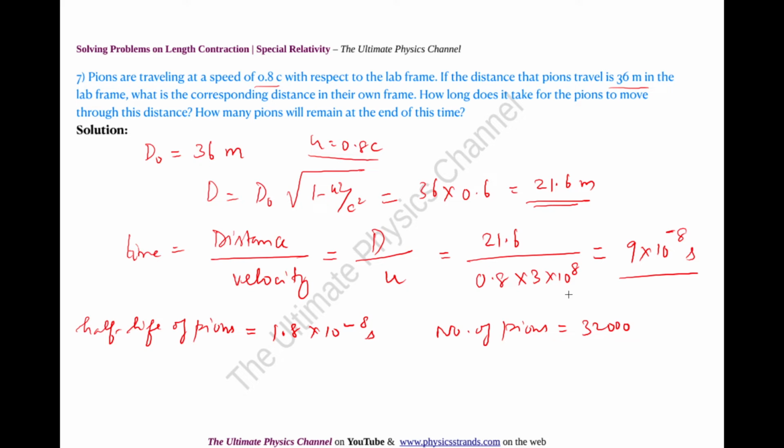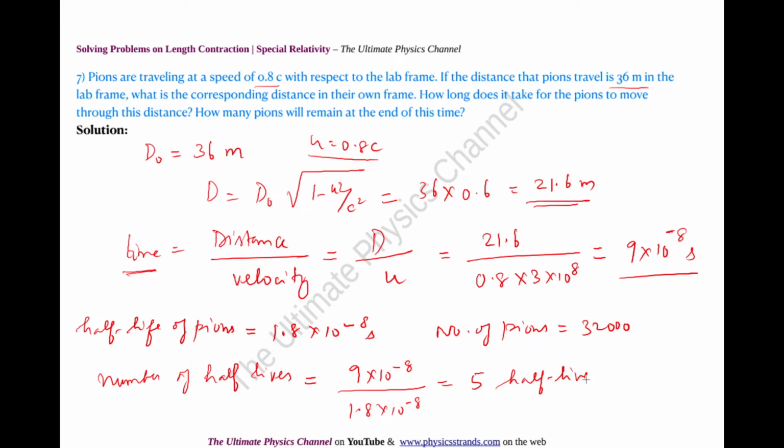The total time the pions survive is about 9 into 10 power minus 8 seconds. The number of half-lives is 9 into 10 power minus 8 over 1.8 into 10 power minus 8. That is exactly 5. So we have 5 half-lives for the pions before they decay.